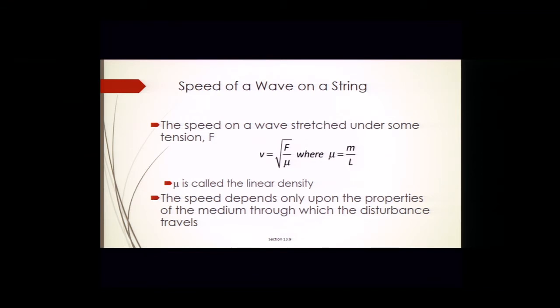So you will have some homework problems related to the speed at which the wave is going based on the linear density of the string. But what I want you to get out of this is, let's take our sonography example.